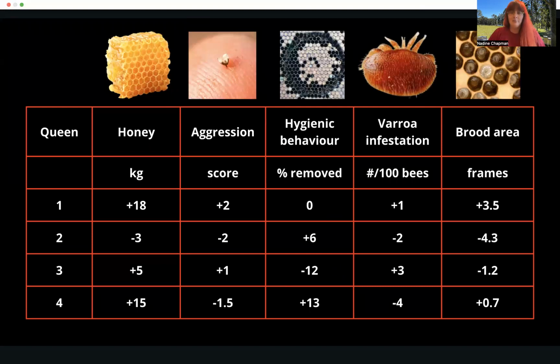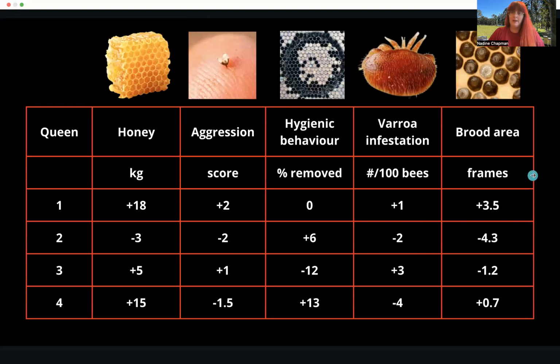My next example is Varroa infestation, which here I've measured as the number of Varroa in a sample of 100 bees that have either been sugar shaken or alcohol washed. And the first queen, her colony had 1 more Varroa than the average, and the next one 2 less than the average.